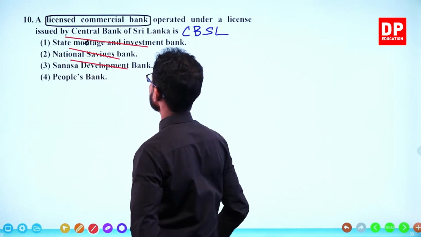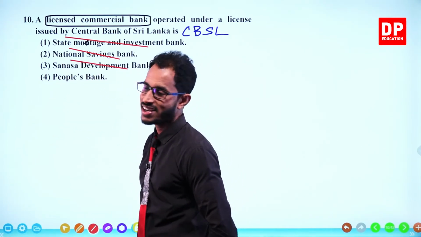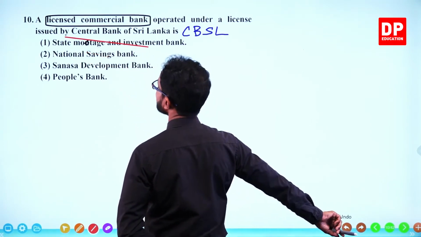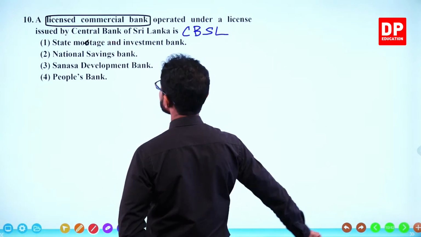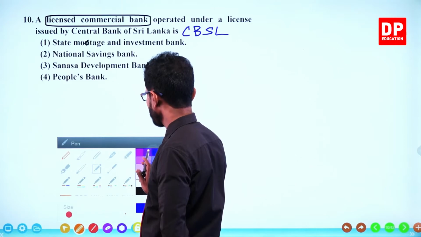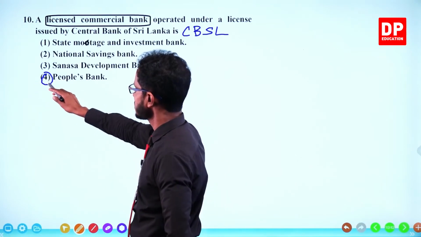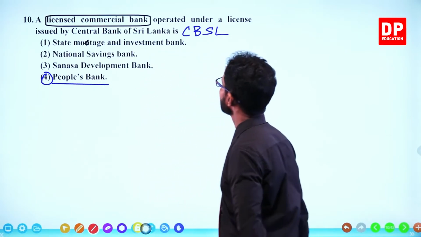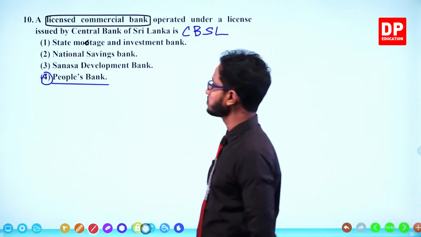Sanasa is a development bank. It's the People's Bank. The licensed commercial bank mentioned in this case is People's Bank. Okay.